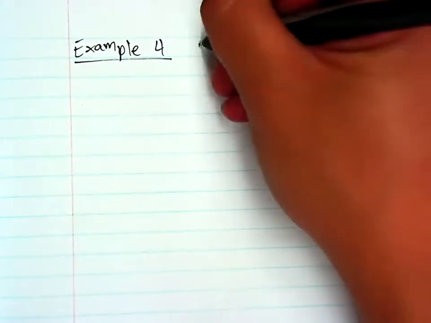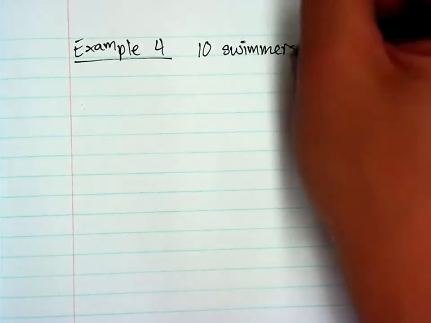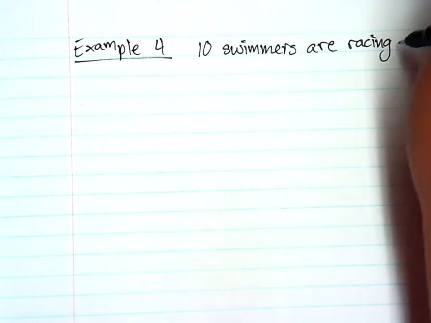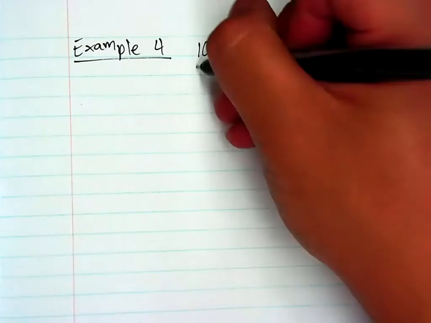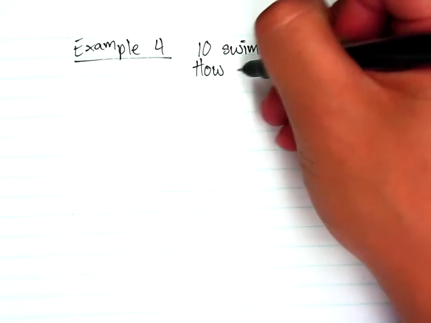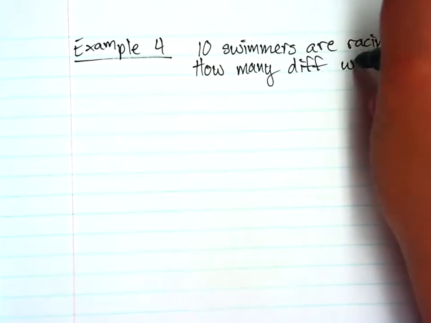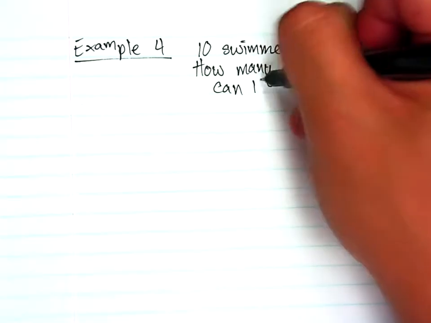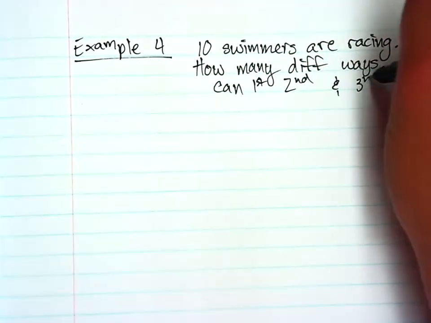Okay. Example 4, I'm going to continue with permutations. In this one, we're going to look at 10 swimmers who are racing. And our question is going to be, how many different ways can first, second, and third be decided?